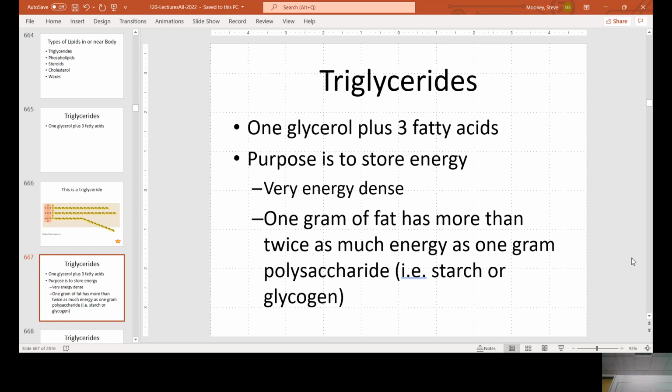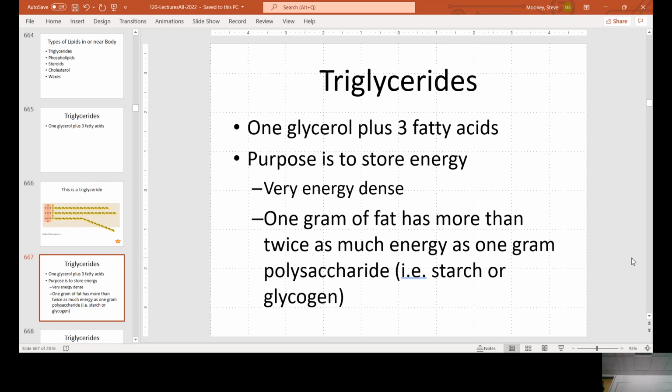So the purpose of triglycerides is to store energy for the animal for future use. Very energy dense. We take that small amount of energy on a gram basis. There's more than twice as much energy in 1 gram of dried fat than there is in 1 gram of dried polysaccharide, starch, or glycogen.